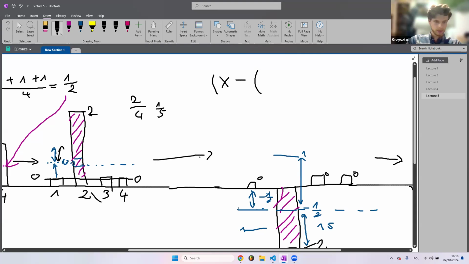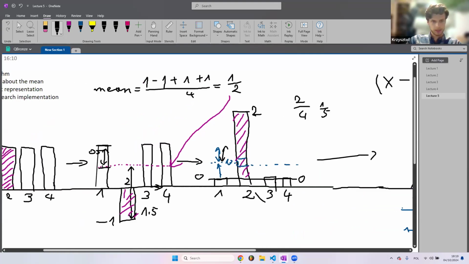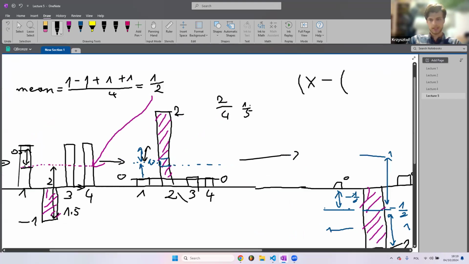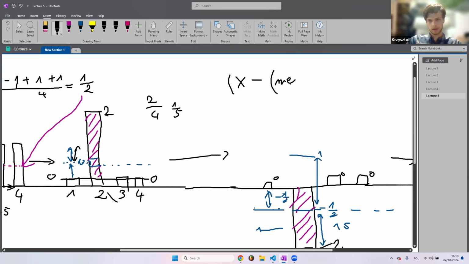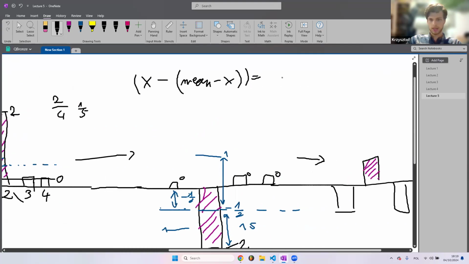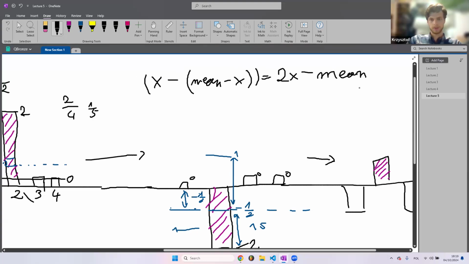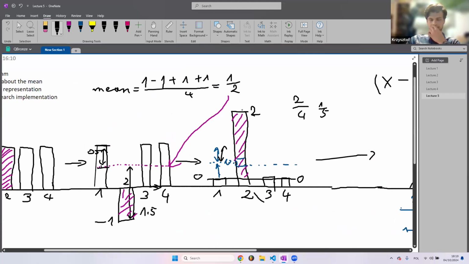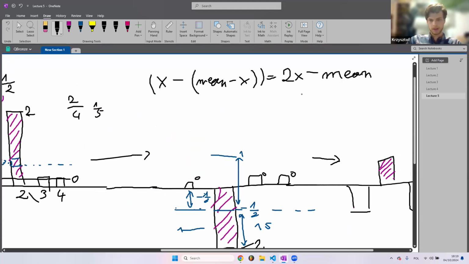No, from this we subtract the difference of this and mean. So actually it's mean minus x. So this is 2x, okay, 2x minus the mean. Okay, so this is the formula, and we can verify this.